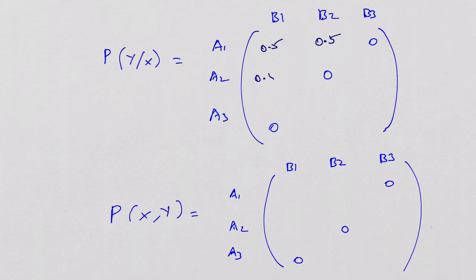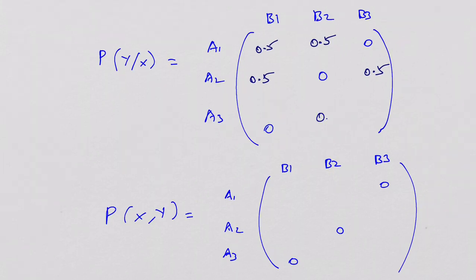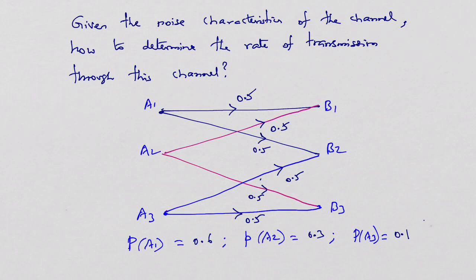Probability of getting B1 when A2 is transmitted is 0.5, and B3 when A2 is transmitted is 0.5. Probability of getting B1 when A3 is transmitted is 0, B2 when A3 is transmitted is 0.5, and B3 when A3 is transmitted is 0.5.